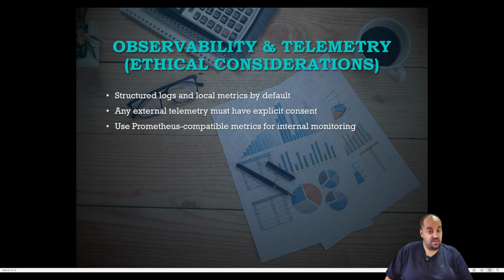Observability and telemetry are very important, but only if you have the client's consent. Collect logs and measurements locally, and of course do not pass them to anybody without the organization's consent.